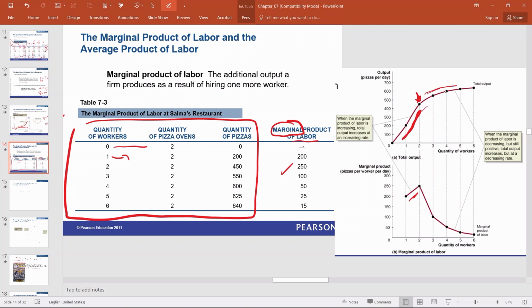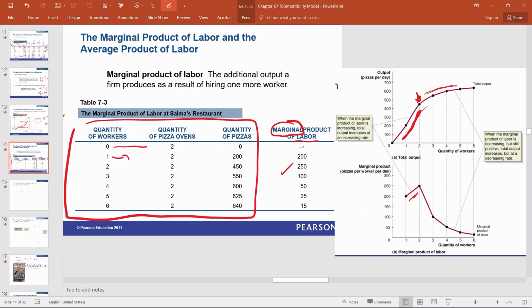When the marginal product of labor is decreasing, but still in the positive area, total output is increasing, but at a decreasing or slow rate. So don't get confused here. If marginal product of labor is decreasing, total production is increasing, but at a decreasing rate.